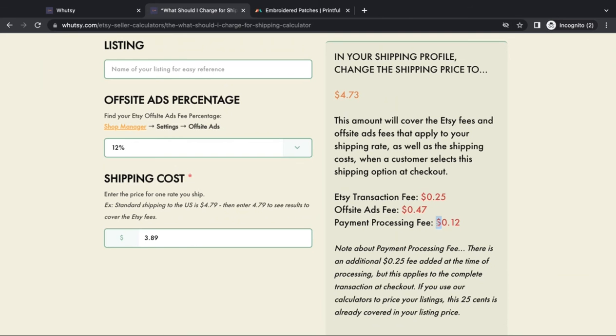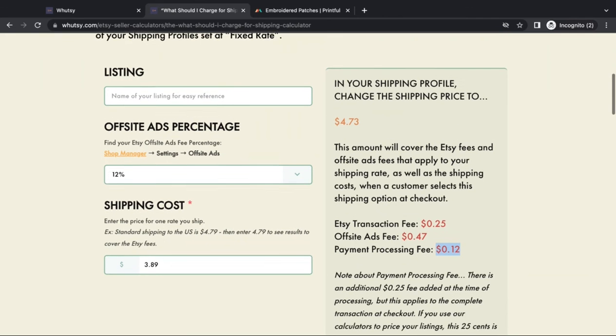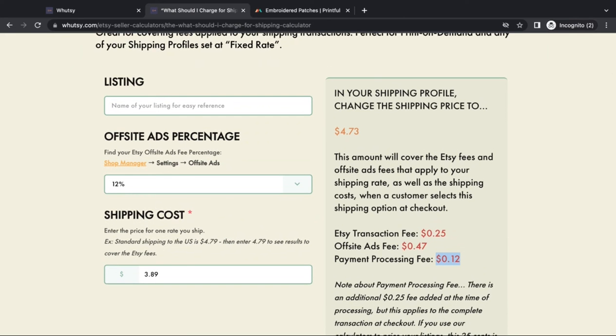I omit that from this because I assume you have your pricing figured out and that fee is being covered in the actual listing price. So you don't have to worry about adding that extra 25 cents to your shipping price. I hope that makes sense. Okay. And I know it's a little confusing, but if you're using the calculators, that fee is covered. So you don't have to stress about it.